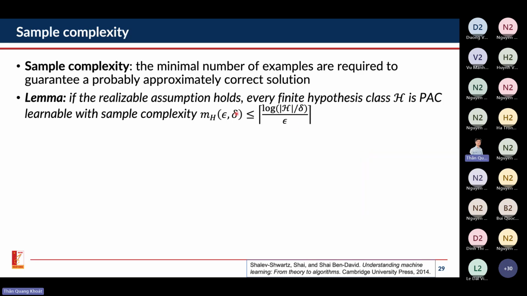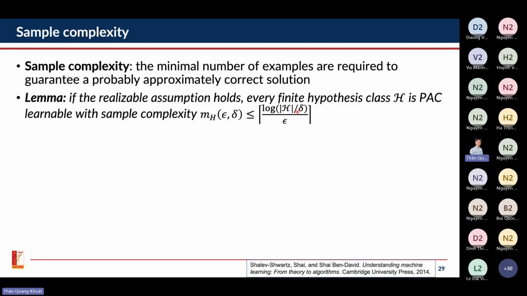In the case where we work with a very complex model family, the realizable assumption can hold, right? That is, there exists a member in that family that can accurately approximate the true function. And in that case, the sample complexity of this family is bounded by this quantity.